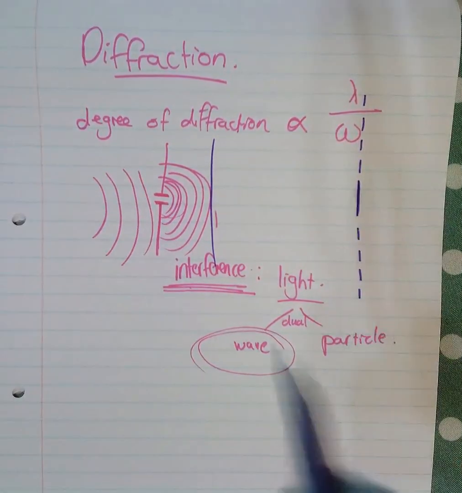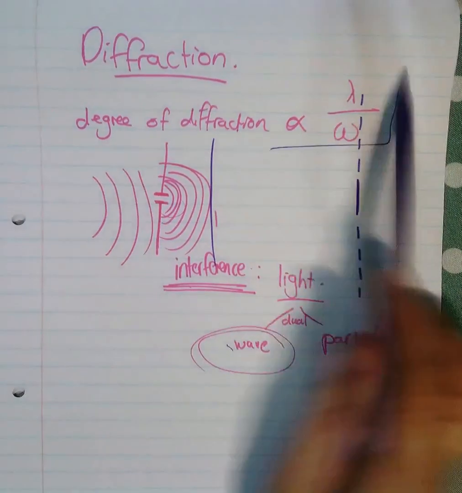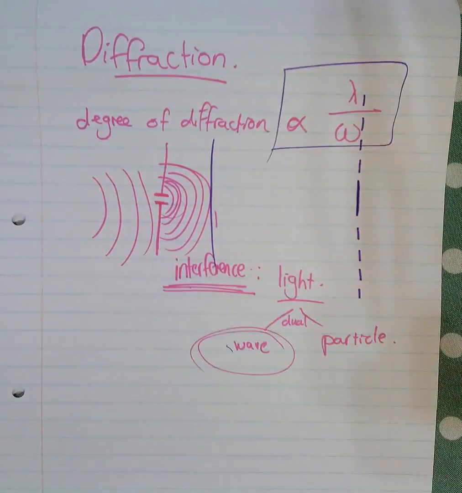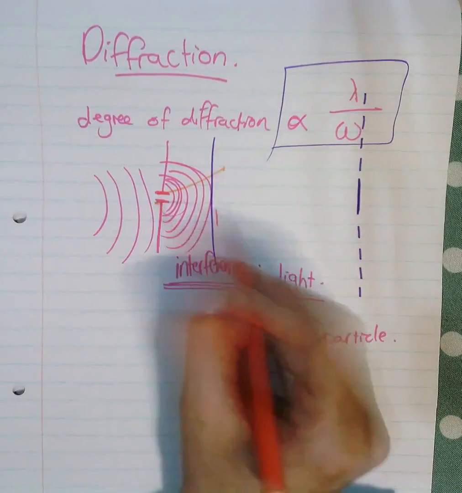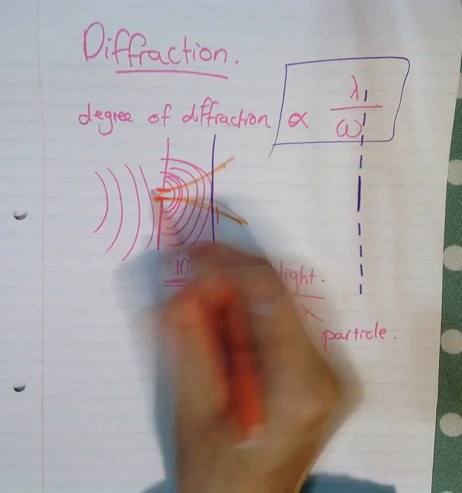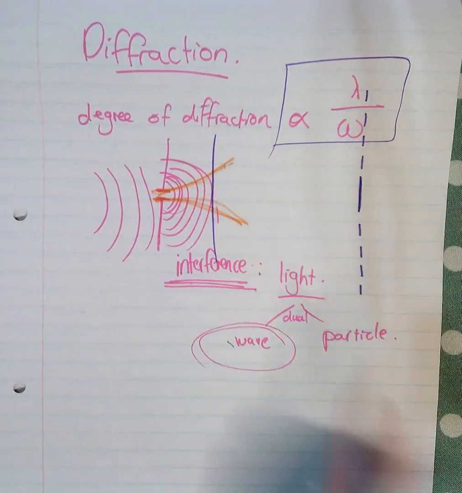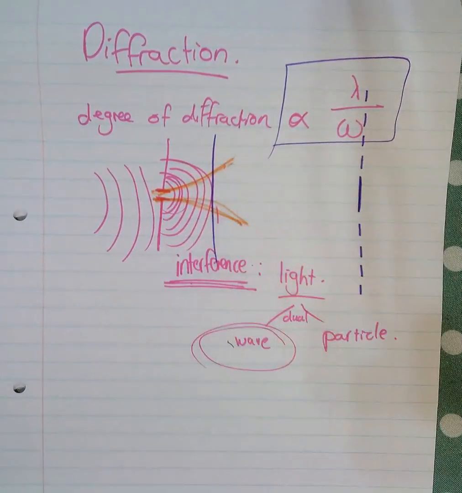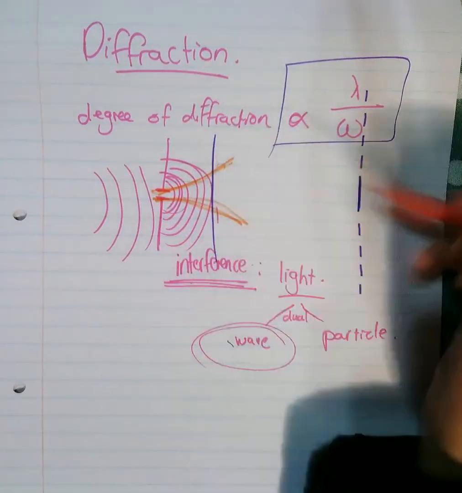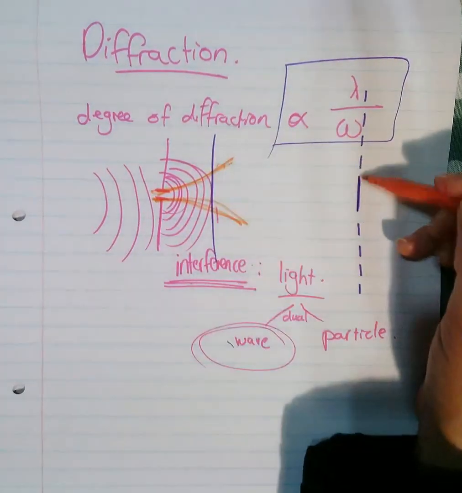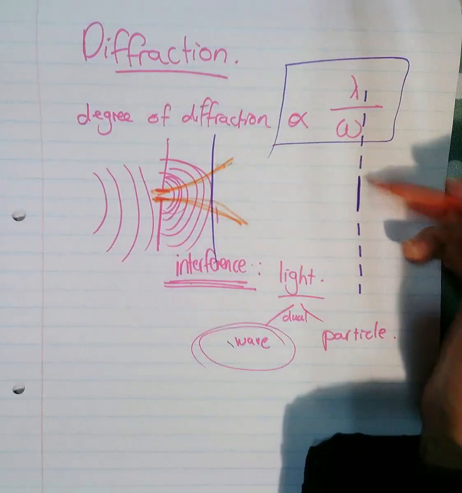Now what this says is that the degree of diffraction, how much this light bends over here, we're going to see how much it bends by the size of that central light band.